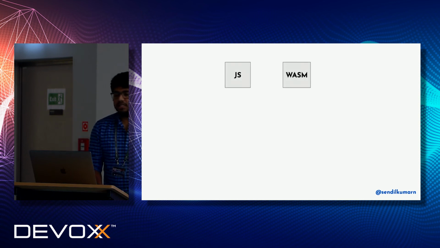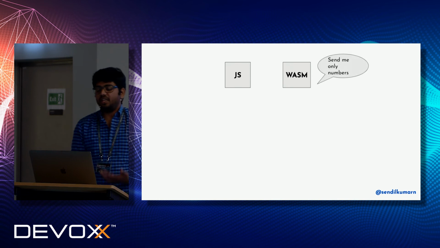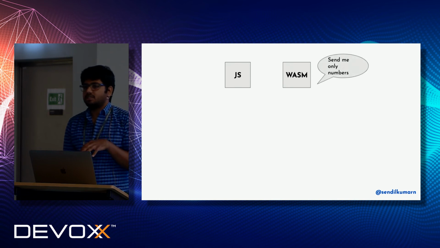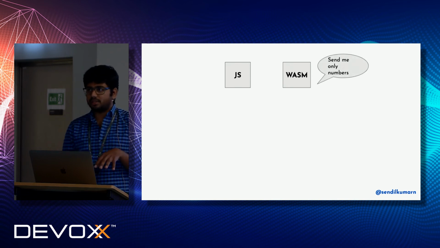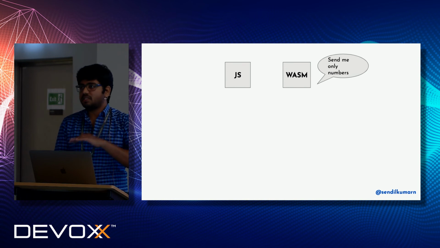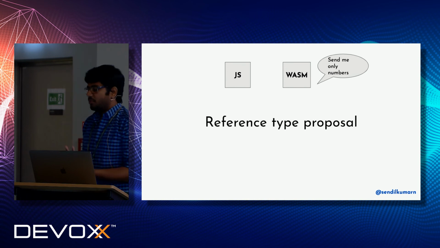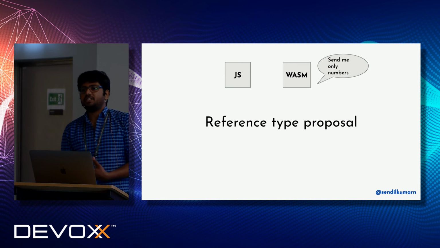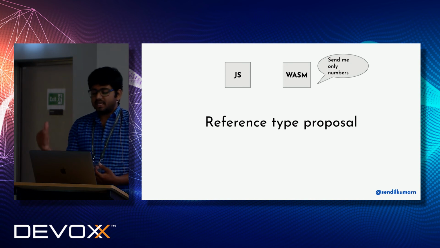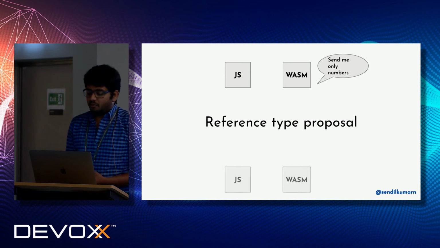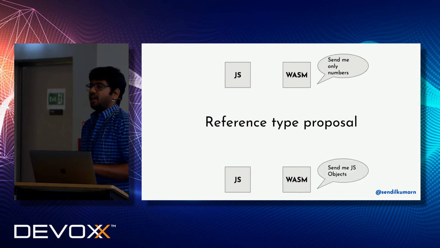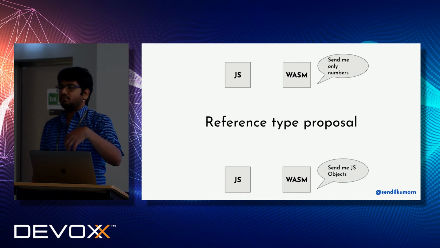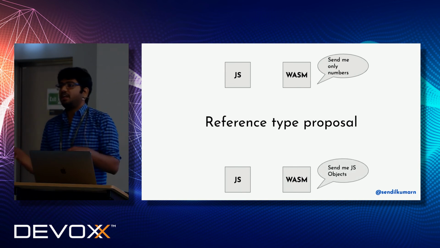At this moment, JavaScript and WebAssembly actually send only numbers. So WebAssembly accepts only numbers from the JavaScript world. You cannot send anything else. And there is a proposal that we have now, which is the reference types proposal. And this RFC is available on GitHub. What it does is, I can send any JavaScript object from JavaScript land into the WebAssembly land. Currently, you cannot do it.